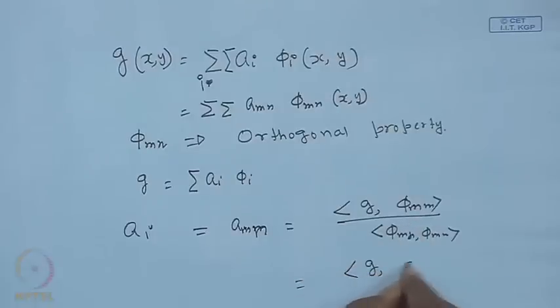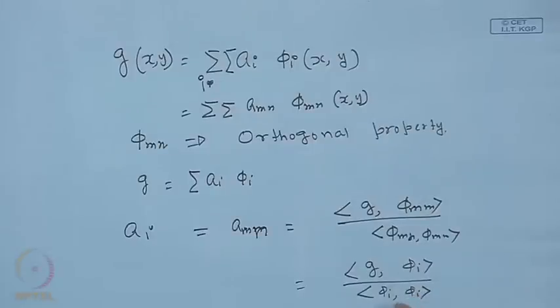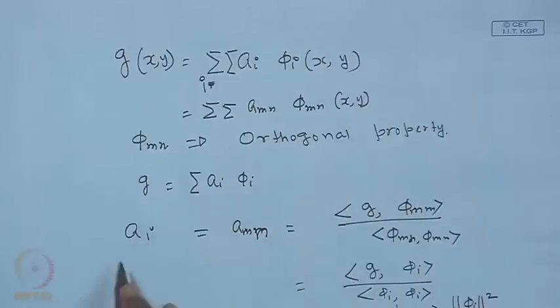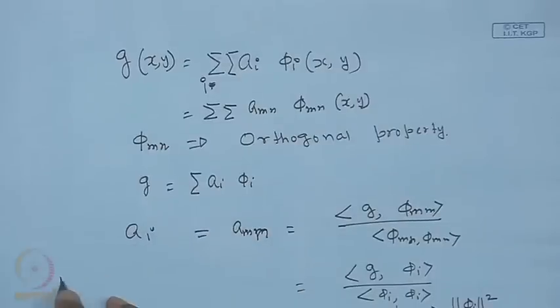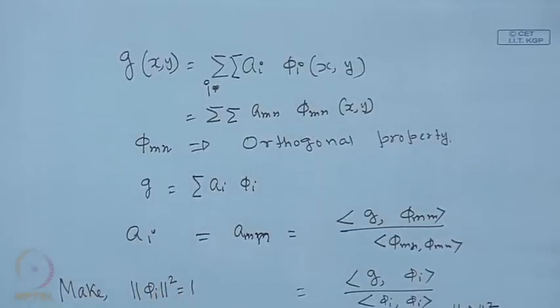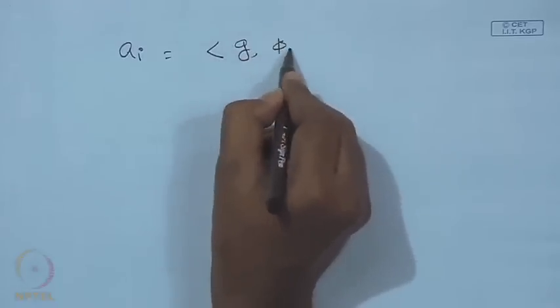This is identical to the inner product of g and phi I, divided by the inner product of phi I and phi I, and this is nothing but the norm of phi I squared. Now, we can make this eigenfunction orthonormal. In that case, the denominator will become 1 and the constant a I becomes the inner product of g and phi I.